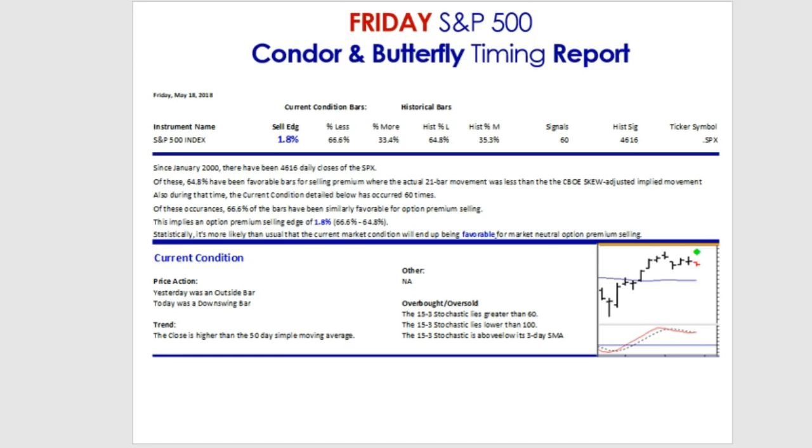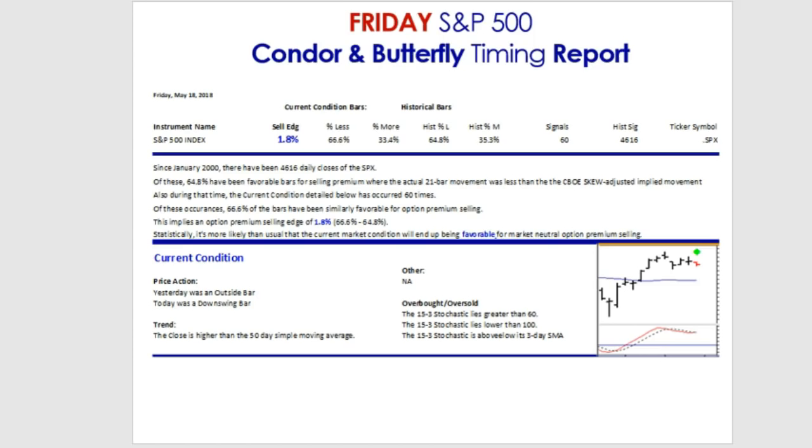Now, also during that time, our current market condition occurred just 60 times. Of those 60, exactly 2/3 were favorable, 66.6%, which is a little bit higher than the benchmark of 64.8%. So we're right there pretty well, just a little bit higher.